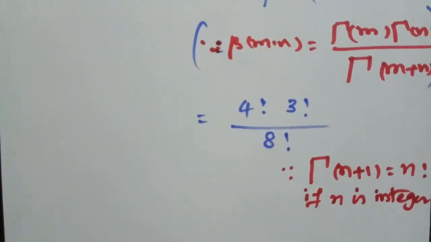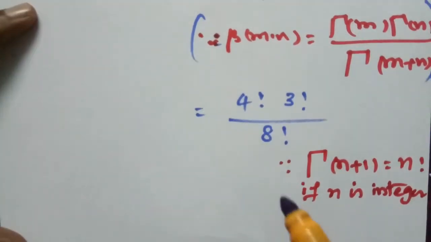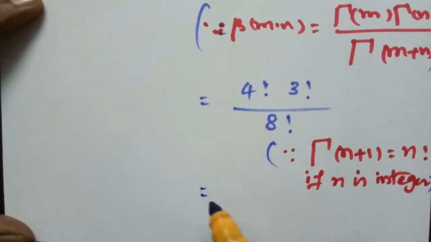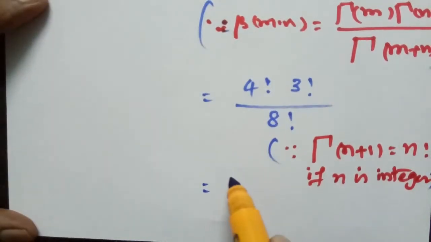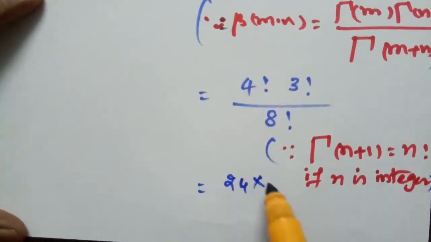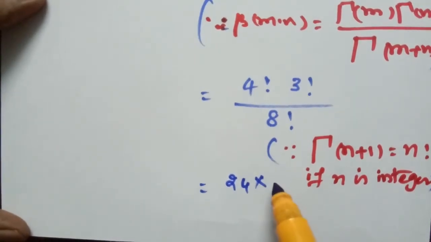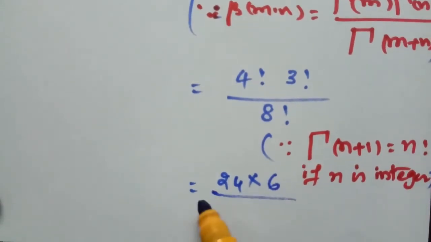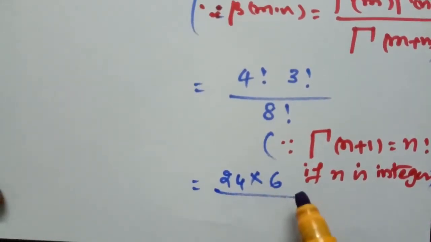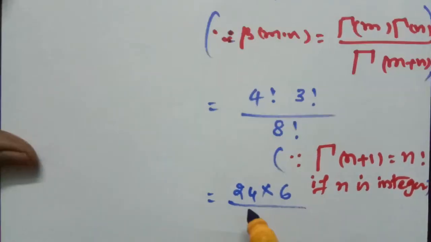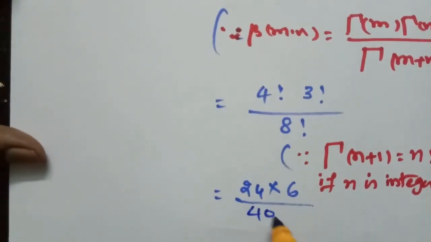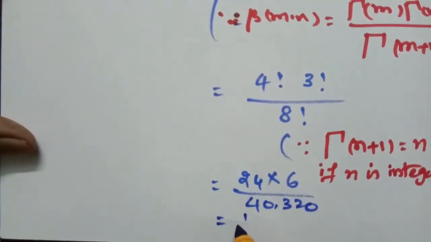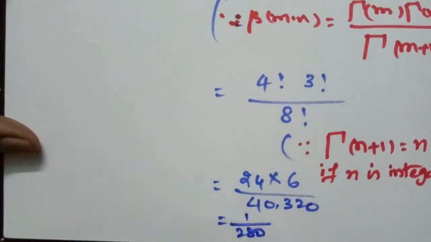So 4 factorial into 3 factorial by 8 factorial. 4 factorial is 24, 3 factorial is 6, by 8 factorial, 40,320. Simplifying this, we get 1 by 280.